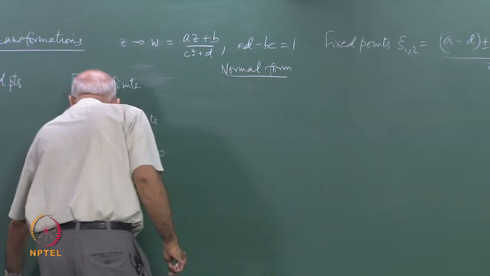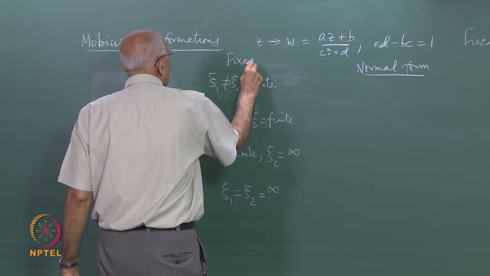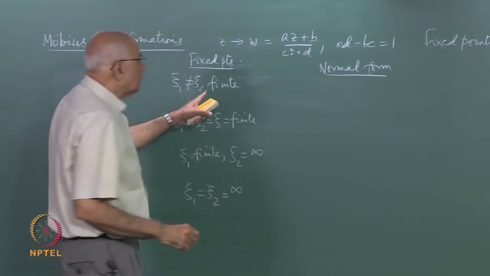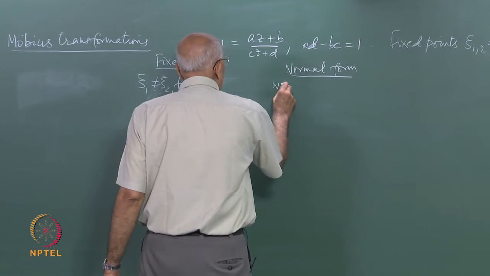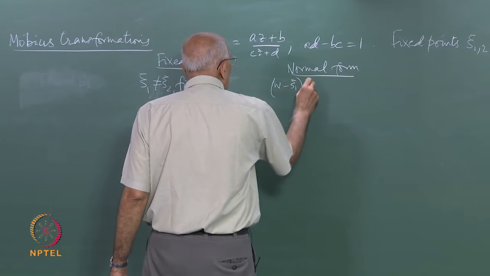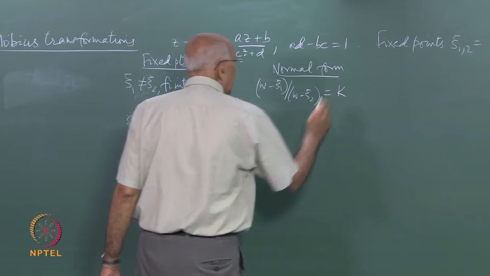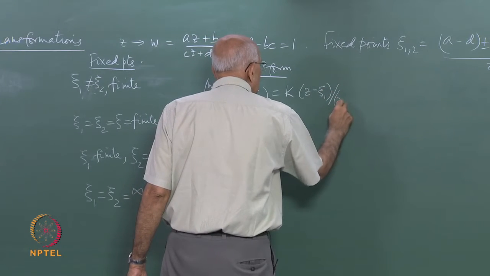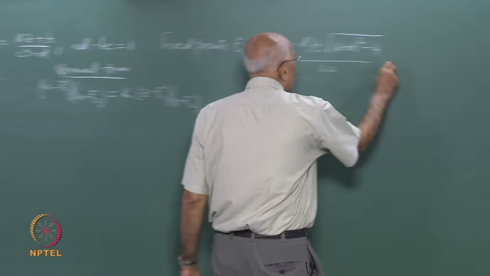so let me write the fixed point up here. The normal form in this particular case was of the form W minus xi 1 over W minus xi 2 was equal to a multiplier k times z minus xi 1 over z minus xi 2, and k was the multiplier.